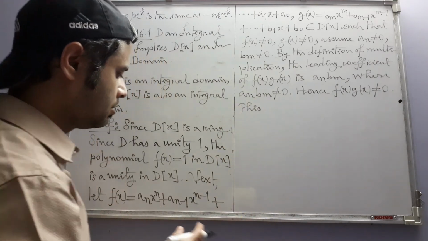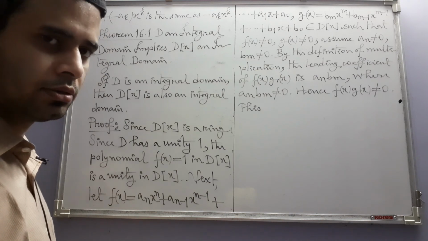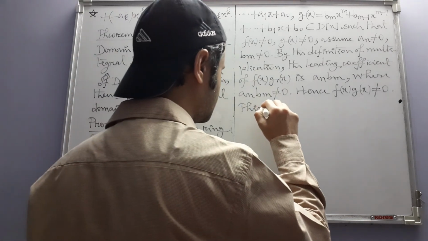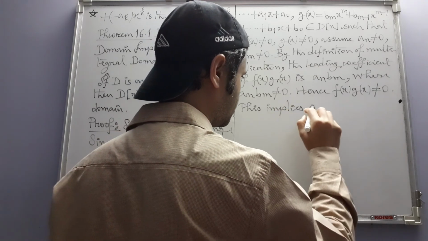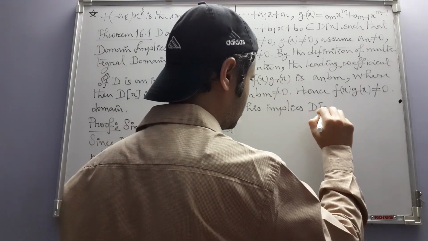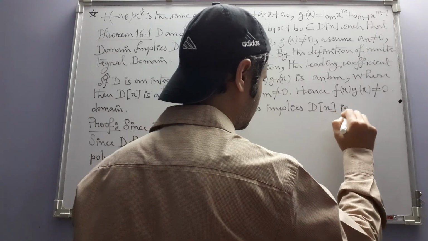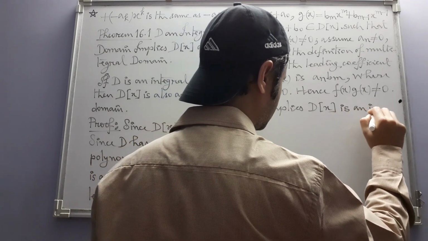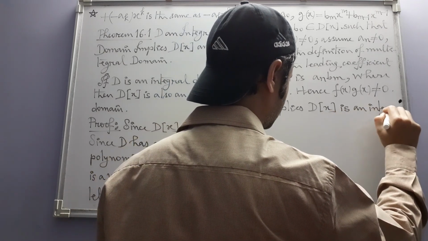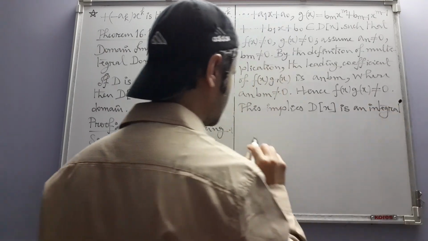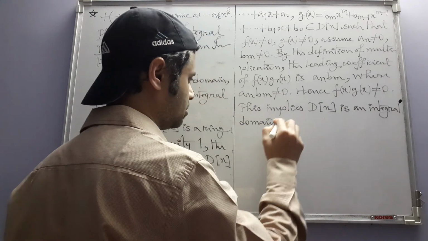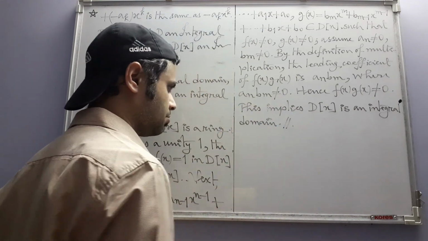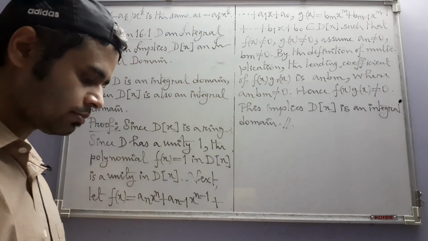So that means D[x] has no zero divisor. This implies this is an integral domain, and the proof is over.